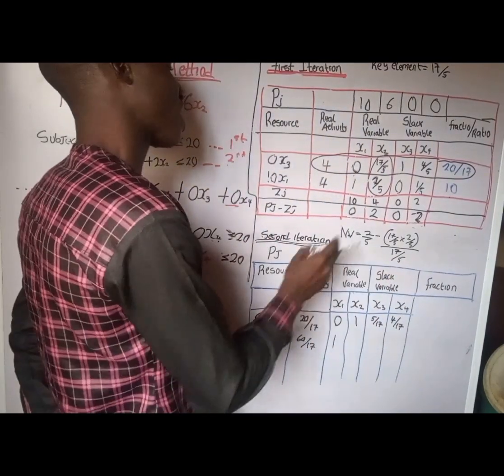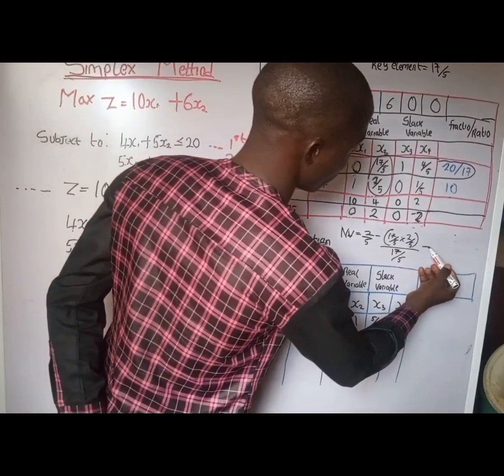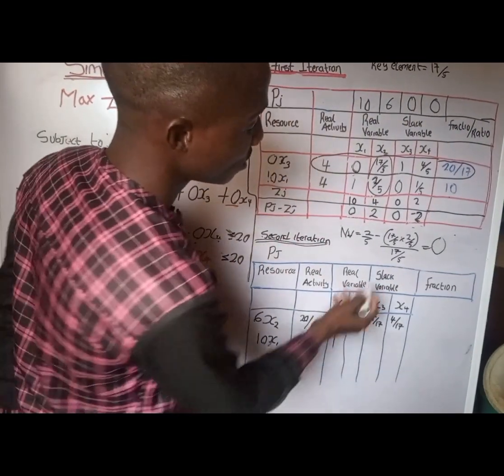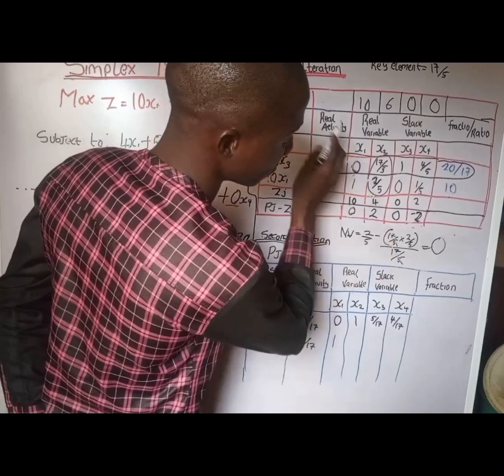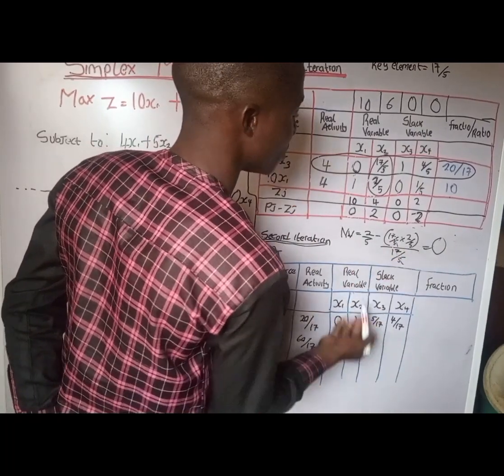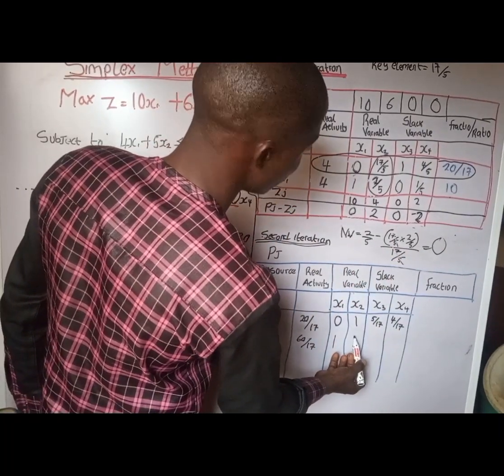If I calculate this, the result is 0. How do I know? 17 over 5 divides 17 over 5, and 2 over 5 minus 2 over 5 gives me 0. So the new value for 2 over 5 is 0.